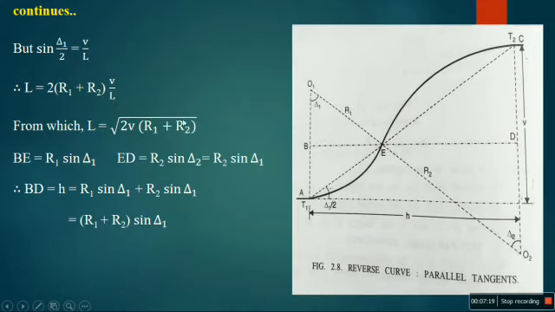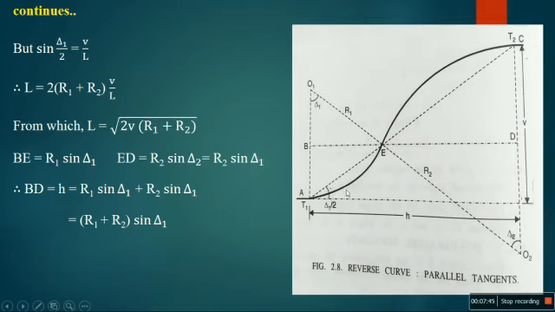Next, suppose sine of the angle delta 1 by 2 is equal to V by L. Means in this triangle, the angle at T1 toward T2 is equal to delta 1 by 2.